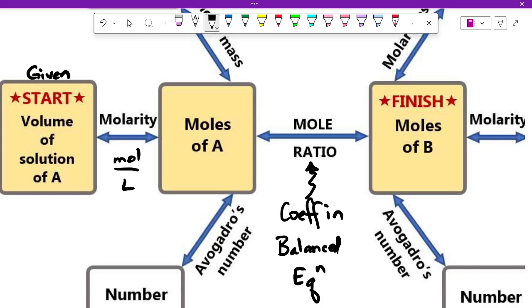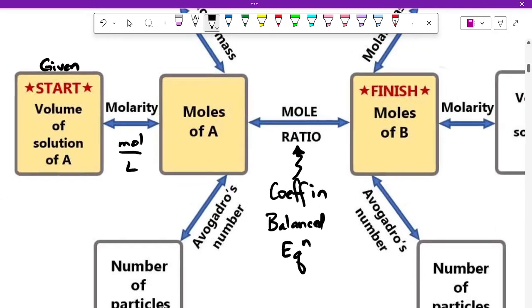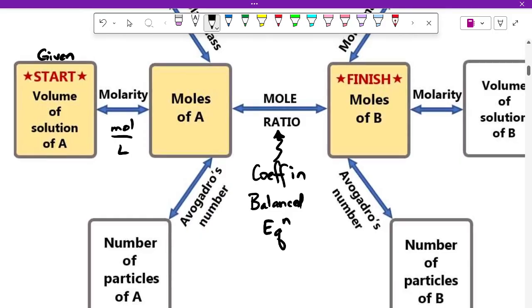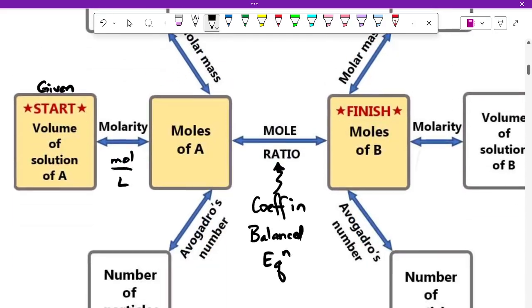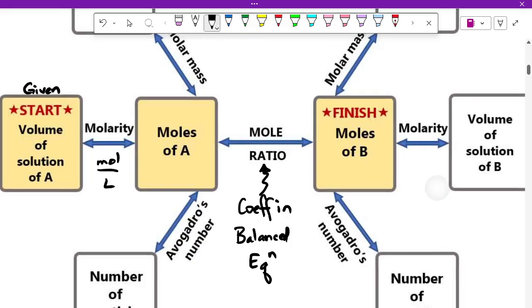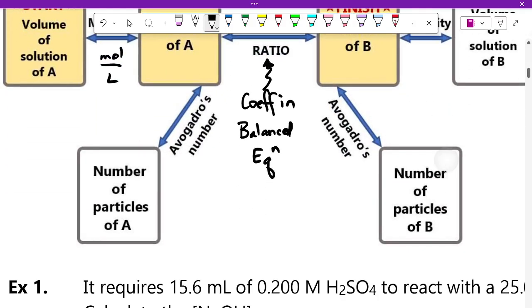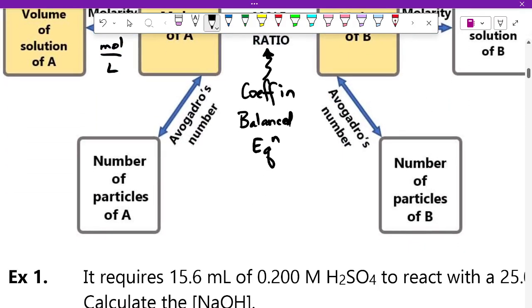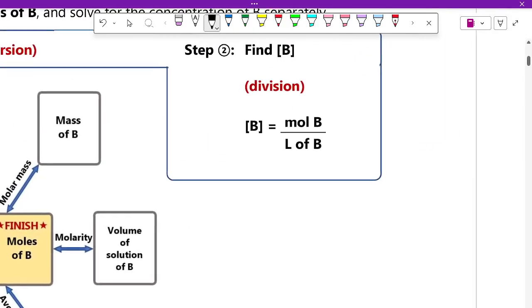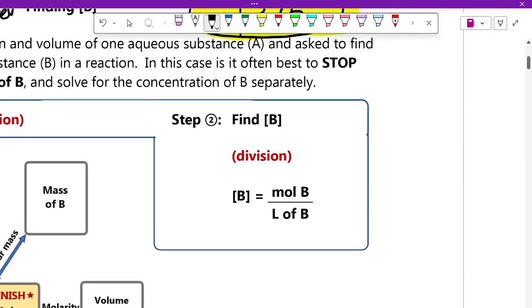And I'm going to say for titrations, just stop right there for now. Then you're going to say, what do I need to do next? Because sometimes you'll need to do one thing, sometimes you'll need to do a different thing. So you're just going to do steps 1 and 2. And then you could be asked to find the mass, the volume, the number of particles, or the concentration.